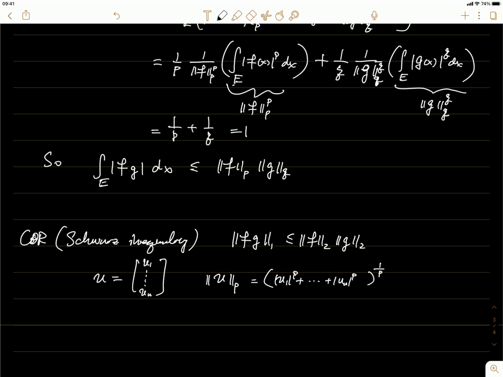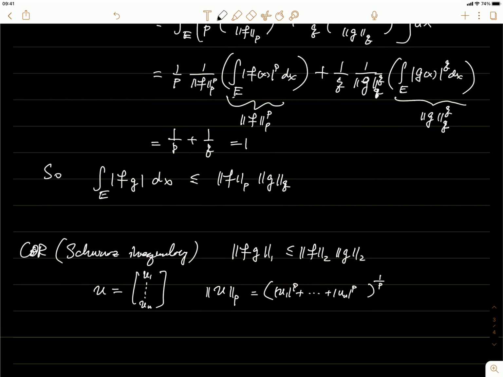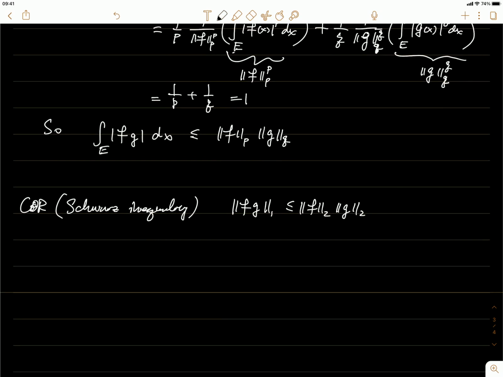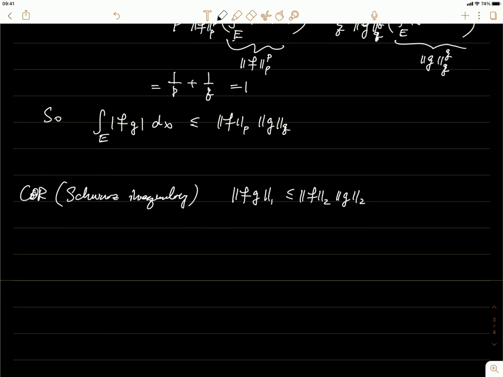You basically can substitute all this f and g by these vectors u and v, which have the same dimension, and then we can also have the same inequalities, like Holder's inequality and the Schwarz inequality. So they also hold for discrete vectors, not just functions. But in this course, we will consider the functions only. Discrete cases are pretty common in optimization.